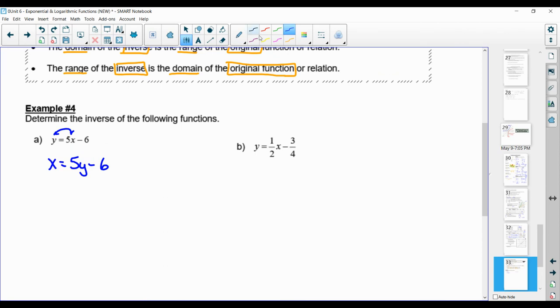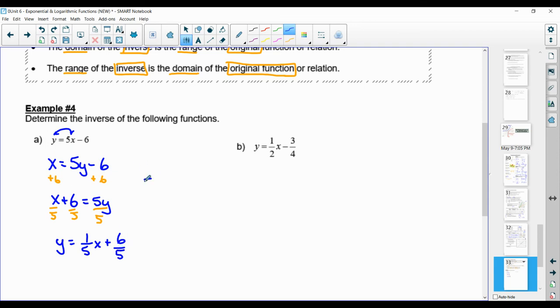So the first thing we're going to do is add 6 to both sides, and that gives us x plus 6 equals 5y. And to get y by itself, we're going to divide by 5. Rewriting that gives us y equals 1/5 x plus 6 over 5.